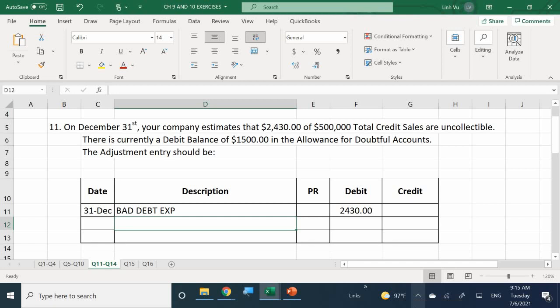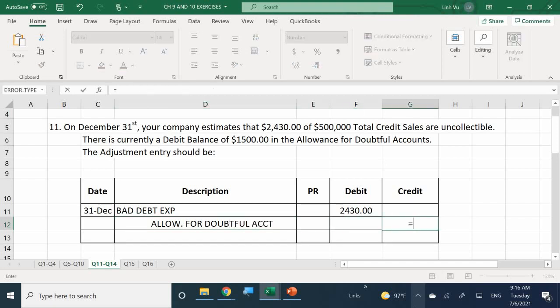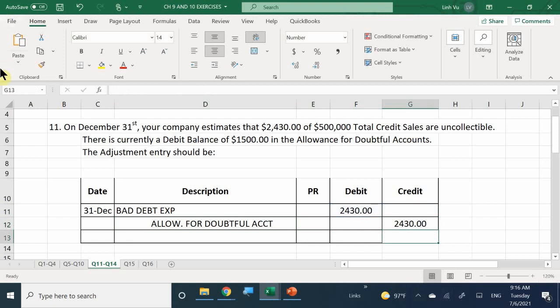So that is correct. And what account are we going to be taking it out from? Allowance for doubtful accounts for the same amount. Excellent.